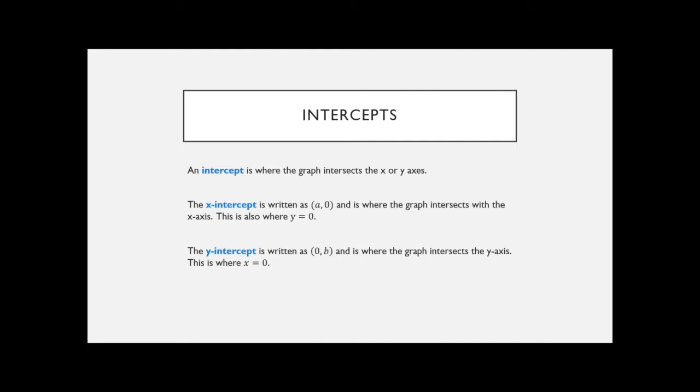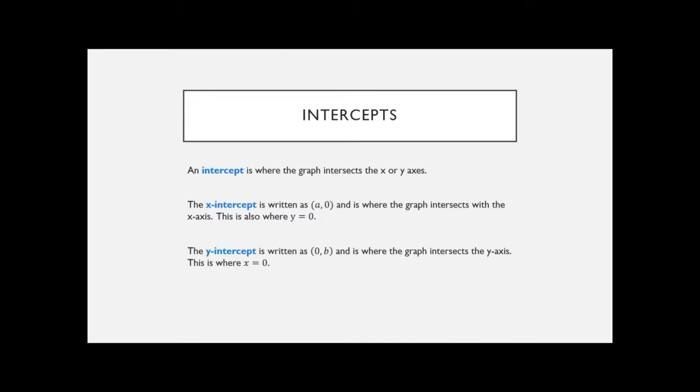We could have both x and y intercepts, we may have only x, or only y intercepts, but it's where it crosses or hits those x and y axes, like the plus sign basically. The x-intercept is written as an ordered pair, some number comma 0. Basically, it's where your y value is equal to 0. And the y-intercept is where the x value is equal to 0. So when you write it as an ordered pair, you have 0 comma some number.